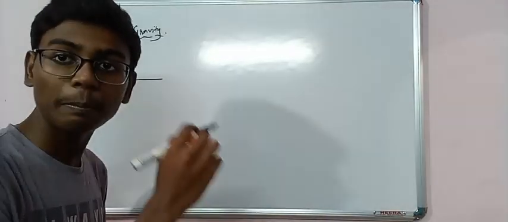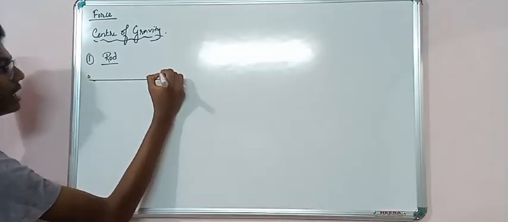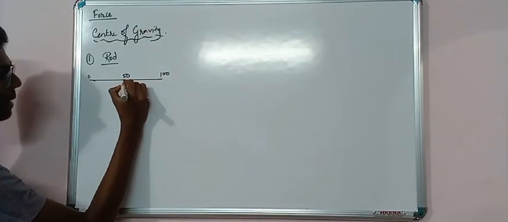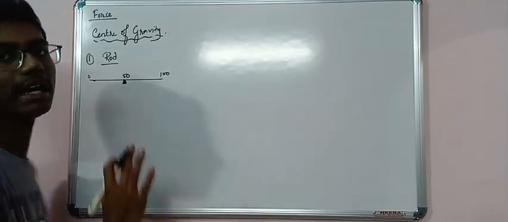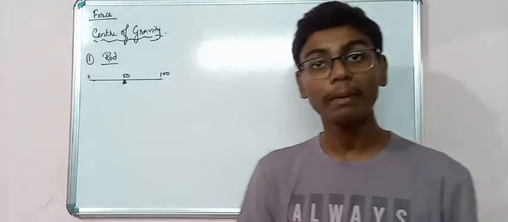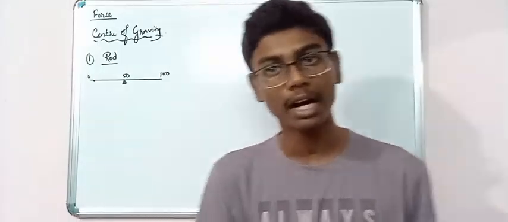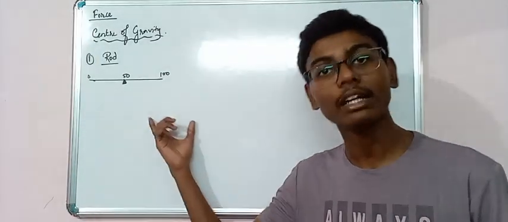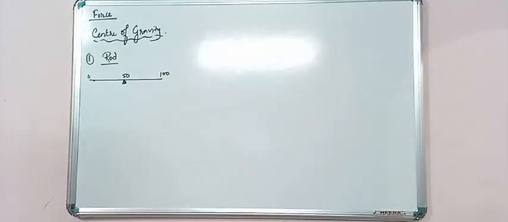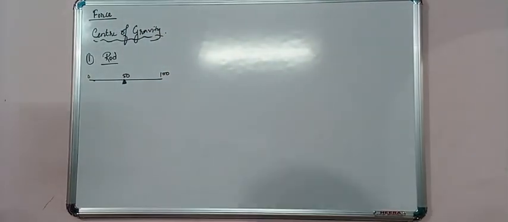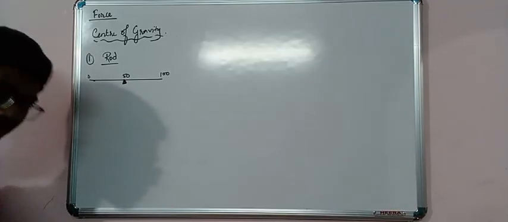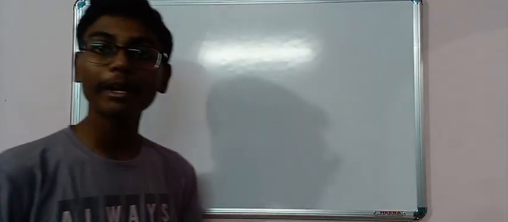Suppose this is 100 centimeter, then the exact 50 centimeter mark, if I balance it here, it is going to be balanced. If I bring the body into equilibrium by placing the fulcrum at the 50 centimeter mark of a 100 centimeter rod, then it will be balanced. Okay? So if it is a rod, then the center of gravity is going to be at the midpoint of the rod.